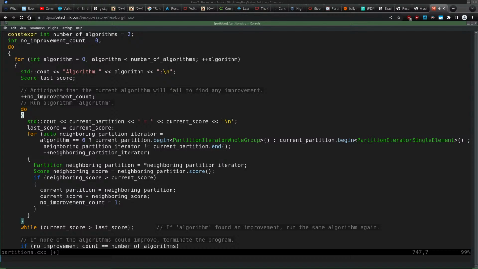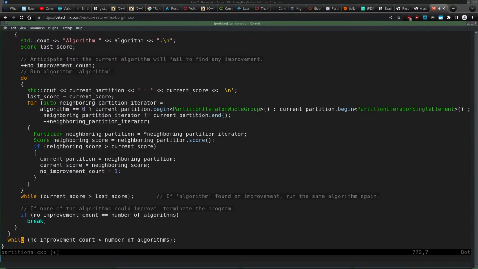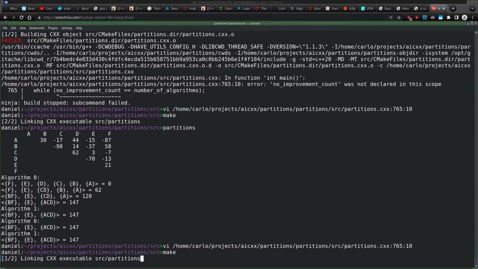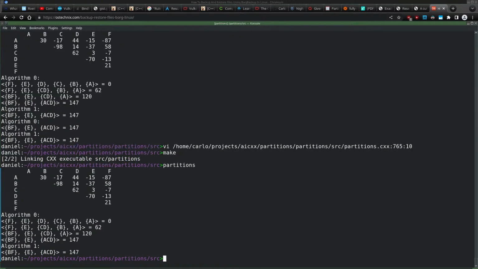And if that's the case, now we don't do this, and therefore, well, we stop. And if it does, this just has to work. Now it works. Right, so algorithm 0 runs until we have the solution, and algorithm 1 cannot improve on it, therefore we stop.